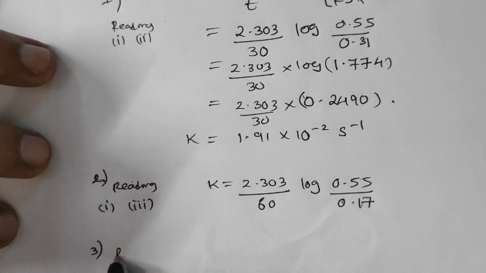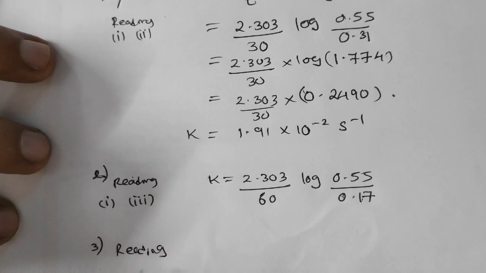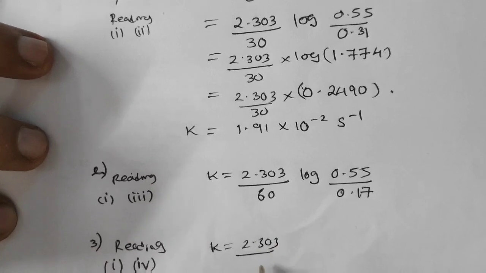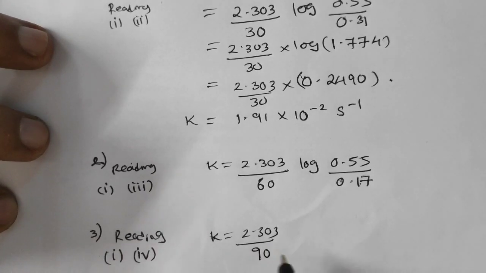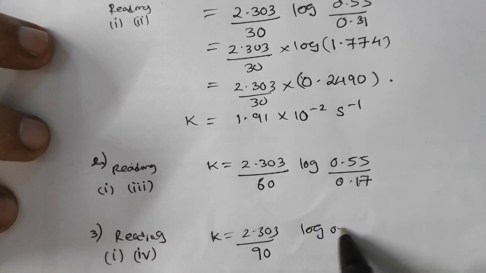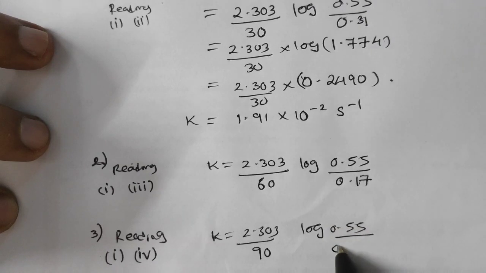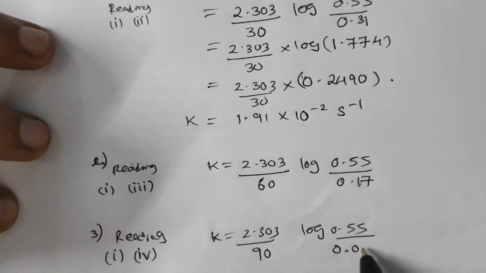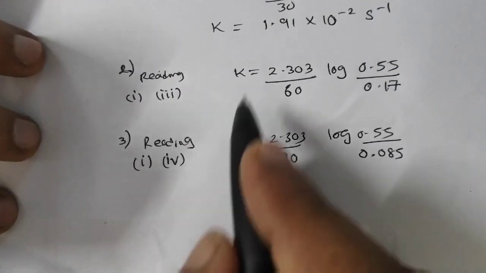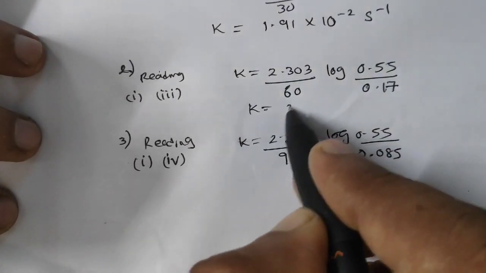Same way for the third, you will take the reading of first and fourth. That also you can do by yourself: K equals 2.303 by 90 into log 0.55 divided by 0.085, like this.